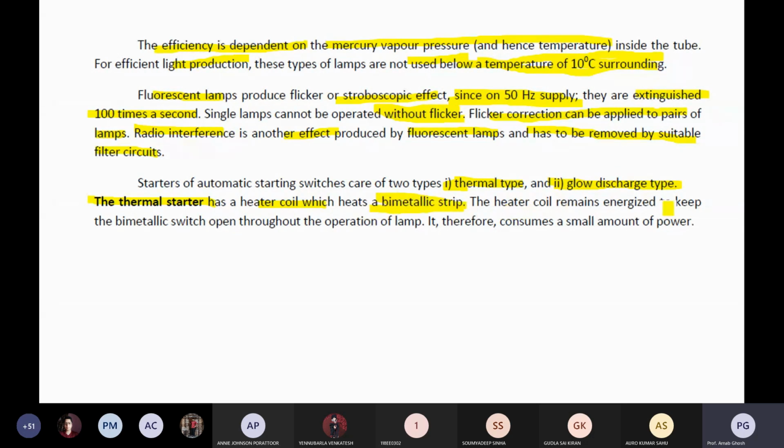The heater coils remain energized to keep the bimetallic switch open throughout the operation of the lamp. It should consume a small amount of power, so the efficiency is more compared to your other illuminating lamps.